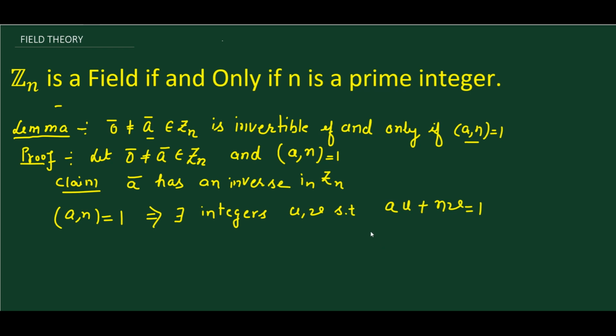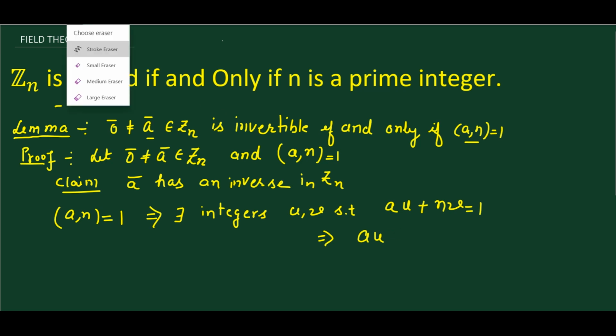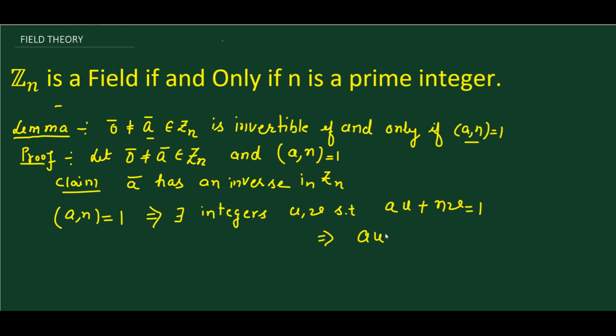This implies further, you can write this in this way also, au minus 1 is a multiple of n.